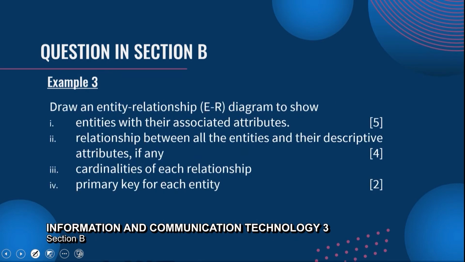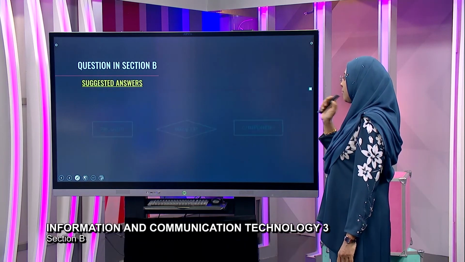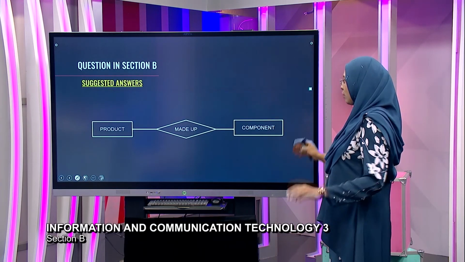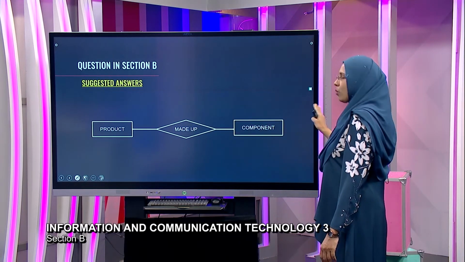The question is asking for entities and attributes, relationship and cardinality and primary key, all 15 marks for section B. So it is easy to get marks actually. You cannot get 0 here. Easy to get marks.